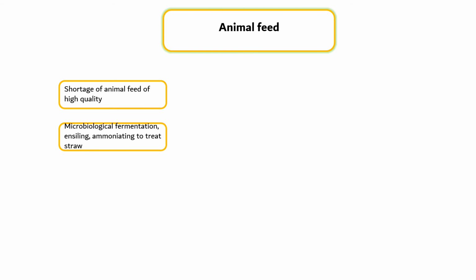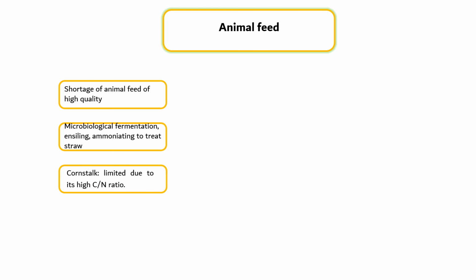Animal feed. The degeneration and desertification of grassland lead to the shortage of animal feed of high quality, while the development of large-scale farming practices calls for a large amount of animal feed. At present, research is centered on the methods of microbial fermentation and sealing and ammoniating to treat straw, and these measures cannot realize the efficient conversion of crop straw to feedstuff of high quality and high nutritive value.